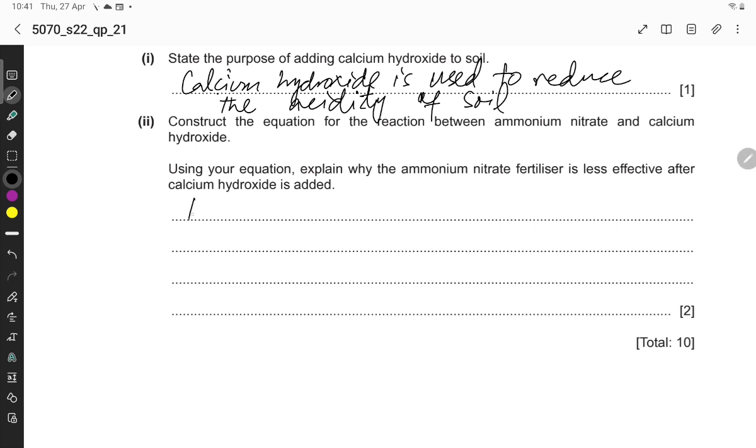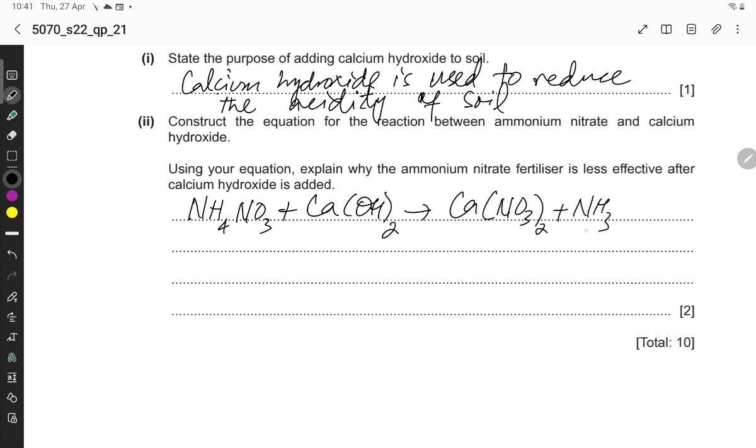So ammonium nitrate plus Ca(OH)2 forms calcium nitrate plus ammonia plus water. Why is ammonium nitrate less effective?